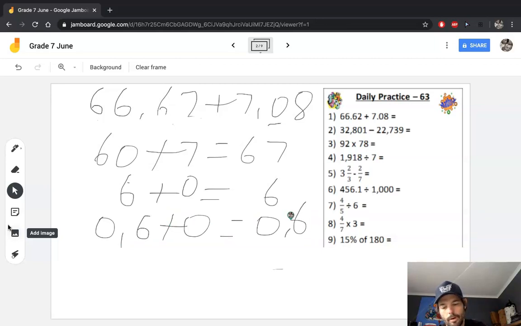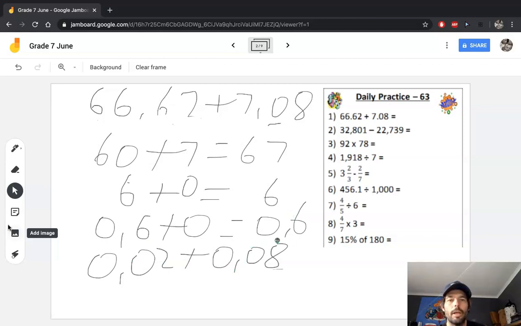And then you're going to have 0,02 plus 0,08, and then you need to add those together. That's going to give you 0,1. And then if you add all of those amounts together, 67 plus 6 is 73. And then you need to add the 0,6 and 0,1, and that's going to give you 0,7. So 73,70.